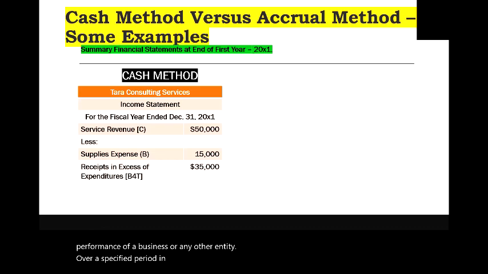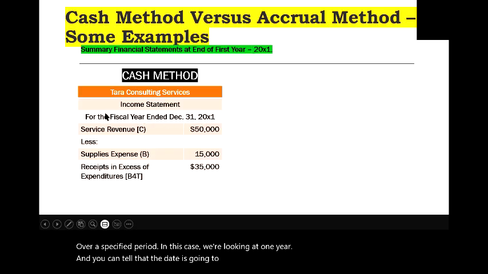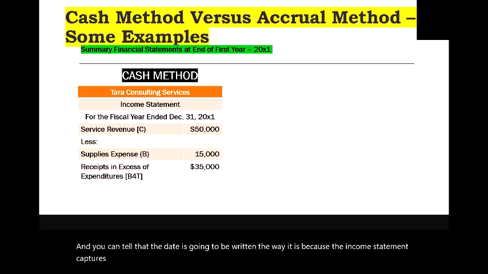In this case, we're looking at 1 year. And you can tell that the date is going to be written the way it is because the income statement captures a period, not a point in time, but a period.